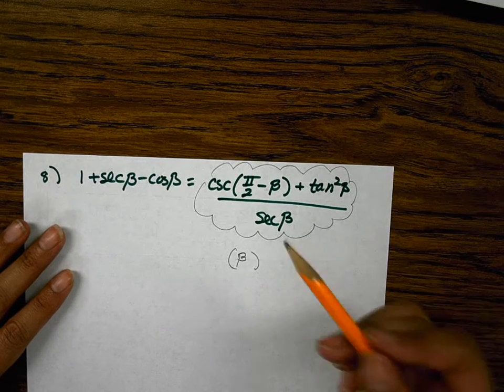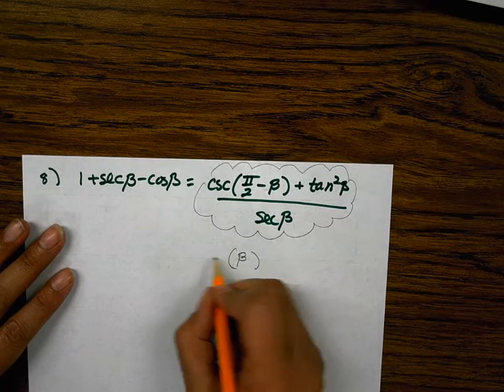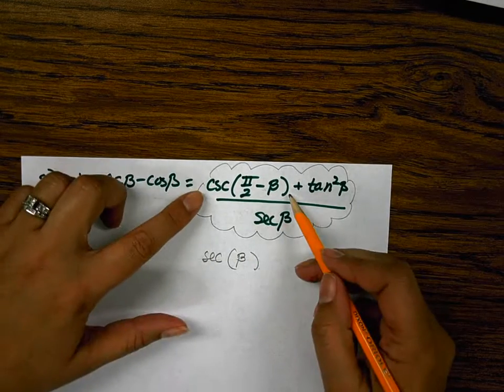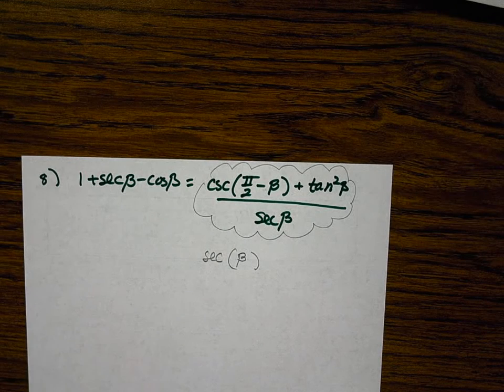Cosecant, it has the co, so when you drop the co, it becomes just secant. So these are equivalent. Cosecant of pi over 2 minus beta is equivalent to secant of beta. And again, those were notes from our complementary cofunction lesson. It is here.